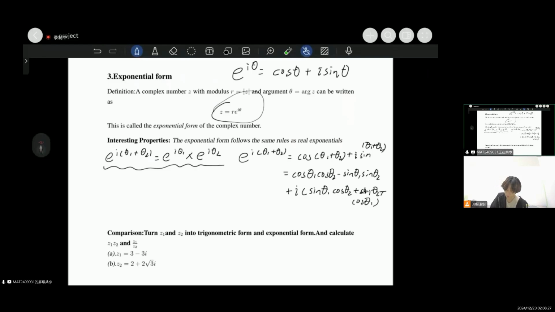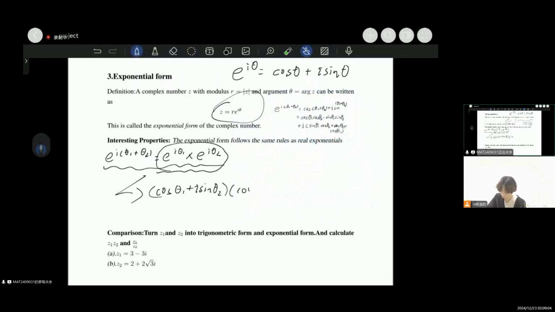And if we discuss about this, using Euler's formula, we will get cosine theta 1 plus i sine theta 1 equals, and cosine theta 2 plus i sine theta 2.